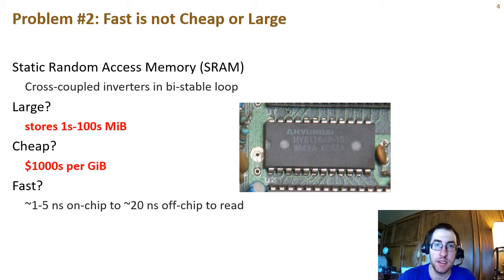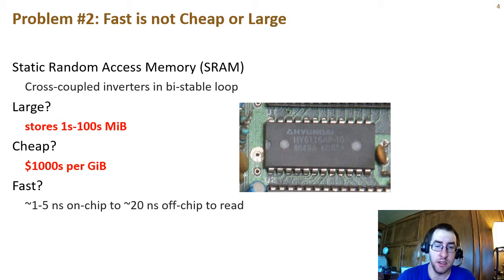Fast is not cheap. It's also not large, as a consequence probably of not being cheap. So static random access memory, or SRAM, is a technology that's basically built on the same idea as a sequential register. If you remember your SR latch or D latch, the cross-coupled inverter in a bistable loop can store a bit as long as it's got power to it. The SRAM is very fast.